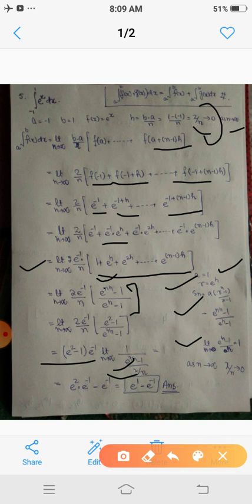Now here we have 2 by n. When we shift this to the denominator, it becomes 2 by n in the denominator. We know the standard limit, limit h tends to 0, (e^h minus 1) upon h is always 1. Here n tends to infinity, so 2 by n tends to 0, and the limit of (e raised to power 2 by n minus 1) upon 2 by n is always 1. Hence the given integral becomes (e raised to power 2 minus 1) into e raised to power minus 1, which is e raised to power 1 minus e raised to power minus 1. So e^1 minus e^-1 is the value of this definite integral.